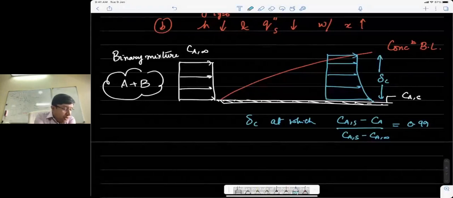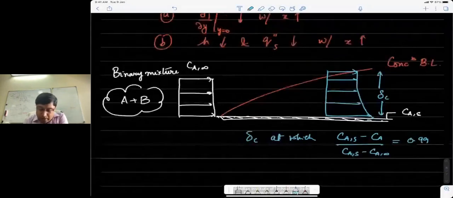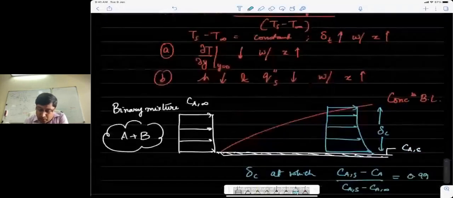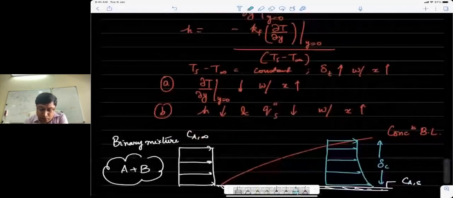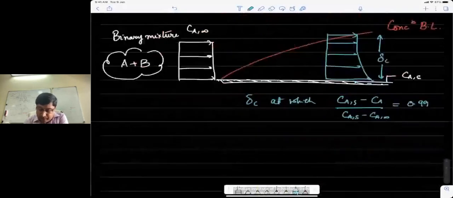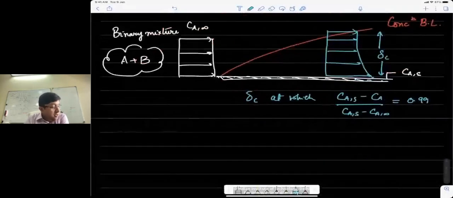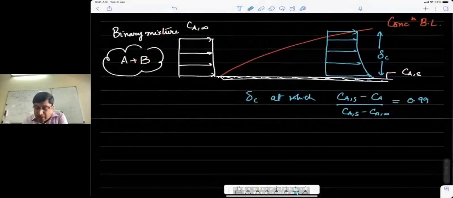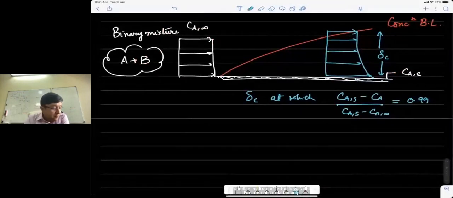Now, similar to what I have been doing to tell you how we get the thermal boundary layer and the heat transfer coefficient, we can also derive the mass transfer coefficient in convective mass transfer, but we use another law.